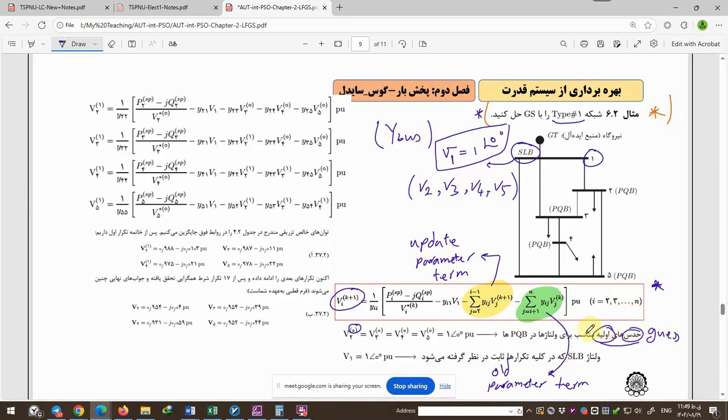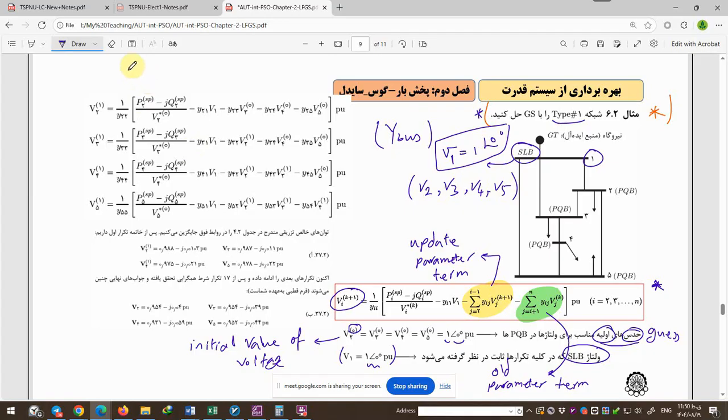The first guess or initial value of voltage is 1 with 0 angle, and the slack bus voltage is fixed as 1 with 0 angle.